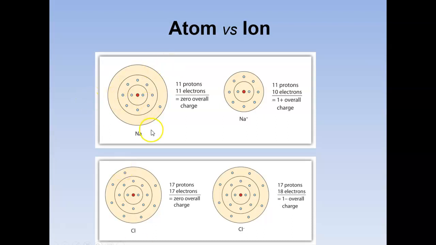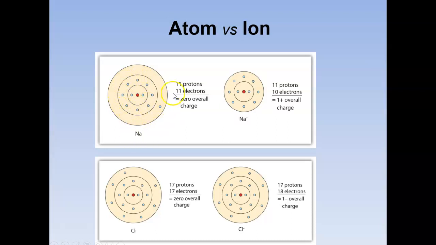So this picture shows us in a different way what is happening with a sodium atom when it becomes a sodium cation, or with a chlorine atom when it becomes a chloride anion, right? So you can count these dots.